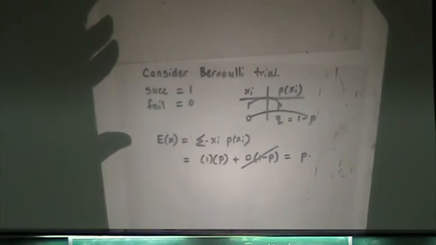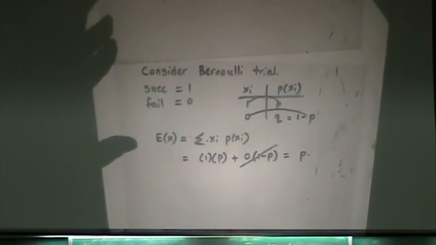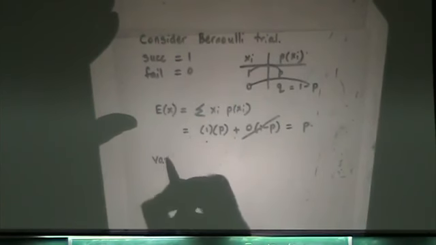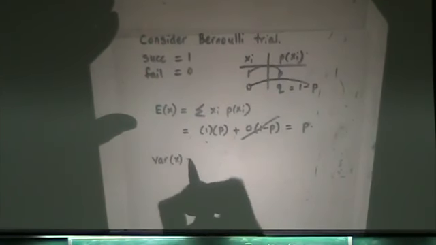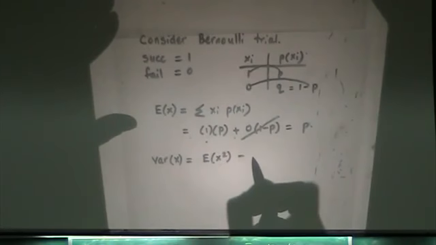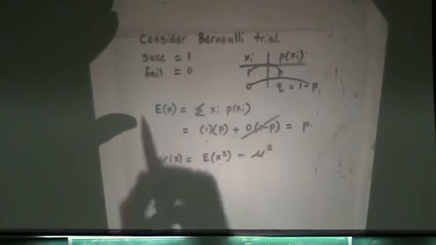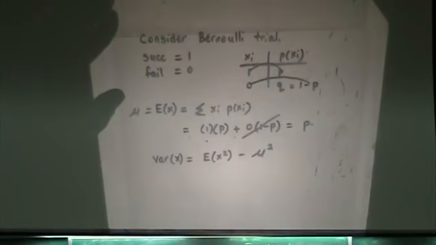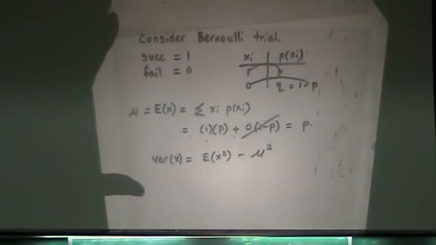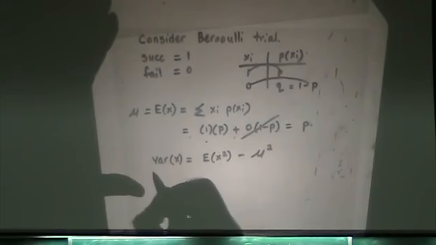And how about the variance of this Bernoulli random variable? After all, variance of x is equal to E of x squared minus mu squared. This, of course, is mu. That's my formula for variance of any discrete random variable, right? So let's find E of x squared.